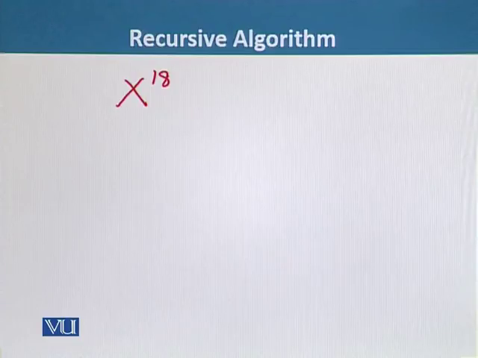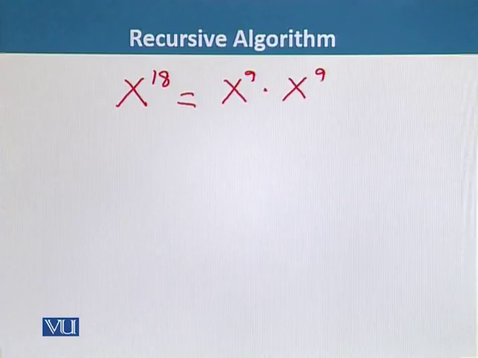One method is that we compute x raised to the power 18 directly. It will take a very long time. So the recursive approach is that we divide this into two parts, x raised to the power 9 times x raised to the power 9.